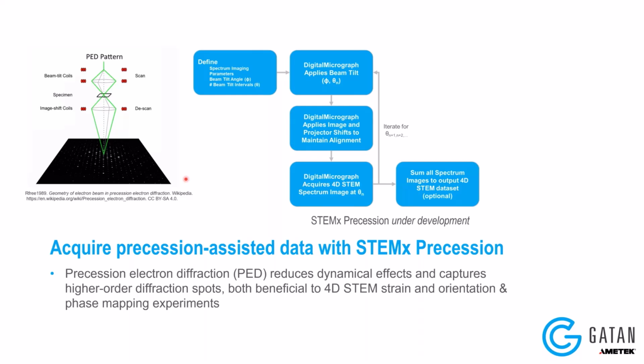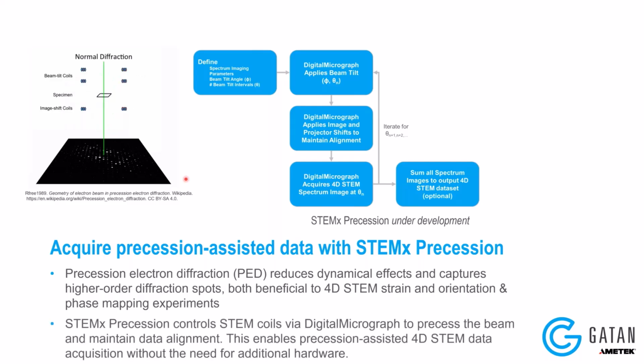One is that you'll have higher order diffraction spots in your diffraction pattern. The other is that you'll have a reduction in the dynamical scattering in the diffraction pattern. So you have more of a quasi-kinematical type of diffraction pattern and spots and contrast in the spots that you would expect. And those two things are really useful for orientation analysis, but also strain mapping if you do strain mapping in 4D STEM.